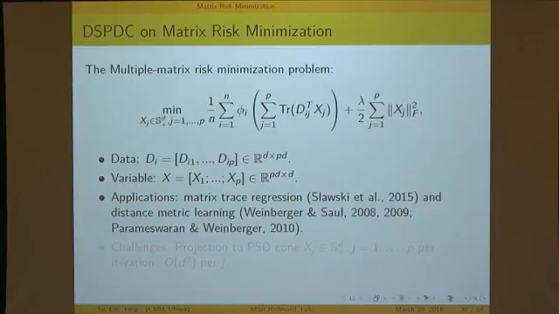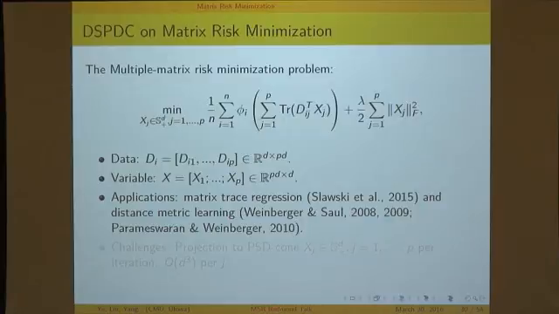Now the formulation is almost the same as the vector version, except that the inner product is replaced by the trace norm, and the outer norm is replaced by the Frobenius norm.